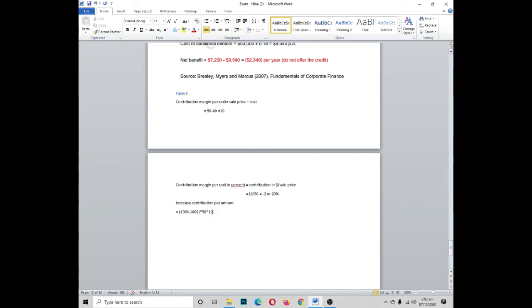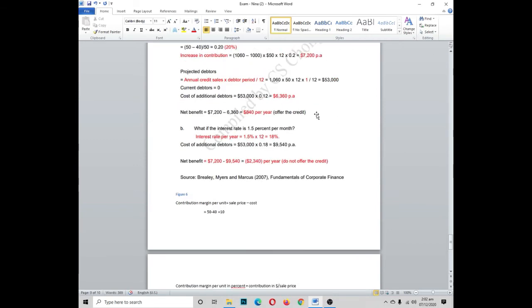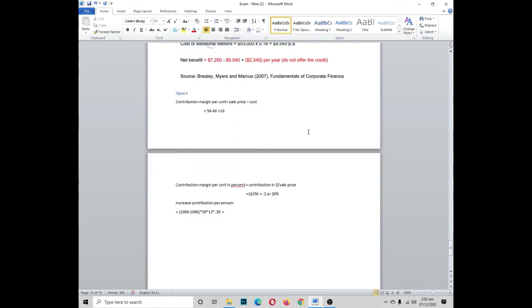The rate is the contribution margin of 20%. We simply write 0.20. The value, which we find through calculator, is almost equal to $7,200 per annum. PA stands for per annum.